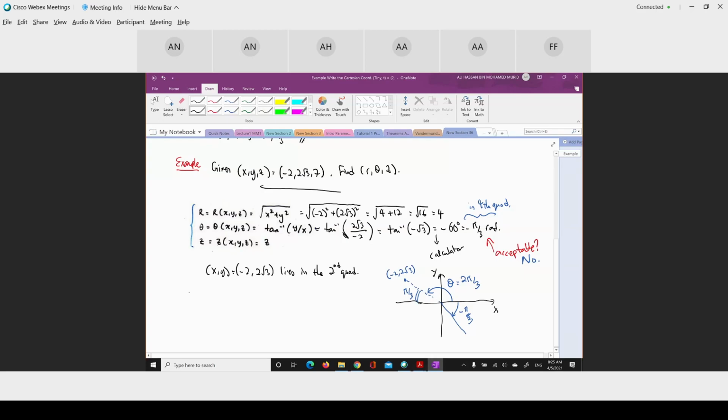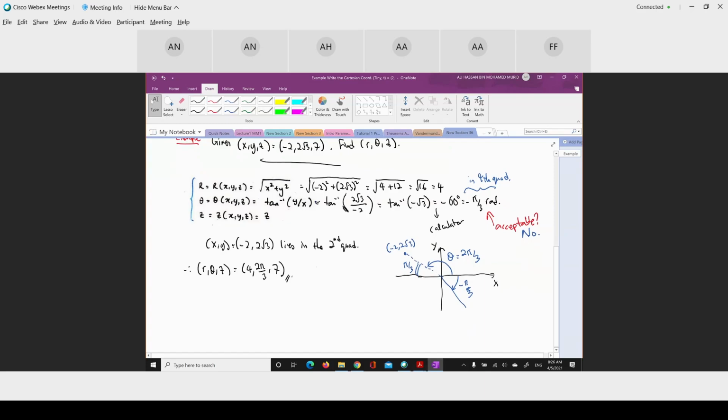So therefore, the cylindrical coordinate r, theta, z for the given point is 4, theta is 2 pi over 3, and z remains the same as given, which is 7. Any question for this example? I hope it's clear now that you need to be careful when finding theta for the cylindrical coordinate.